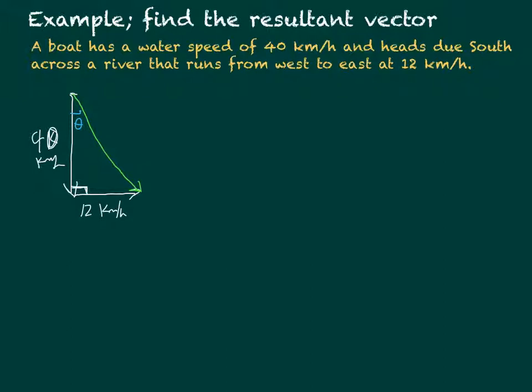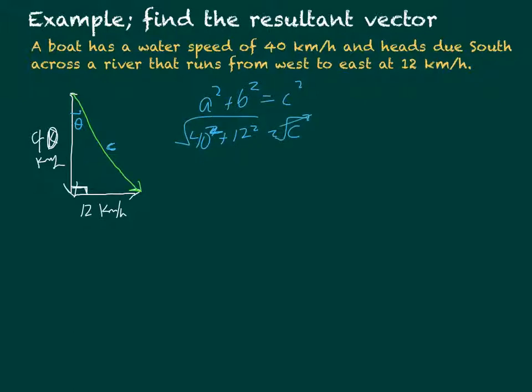Alright, so the first thing, to find my magnitude, a squared plus b squared equals c squared, and that's if c is right there. So that's 40 squared plus 12 squared equals c squared, and then I take a square root of that.